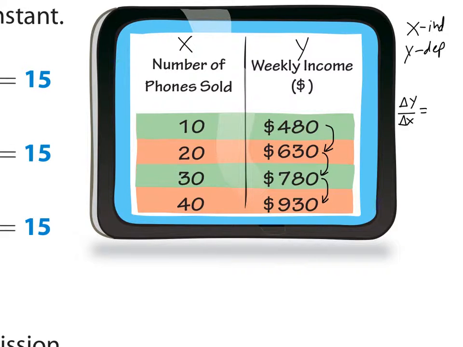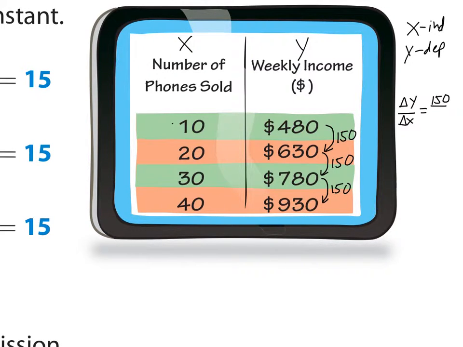It's not going to be a negative. But from 480 to 630. $150. All right, so every time our change in Y was $150.